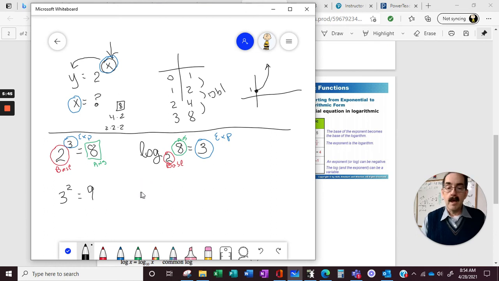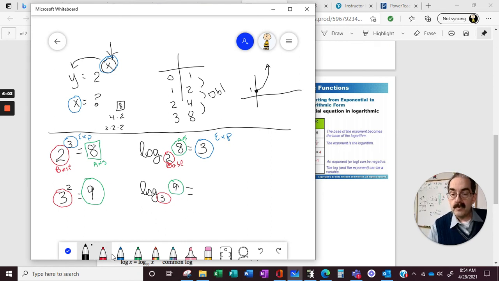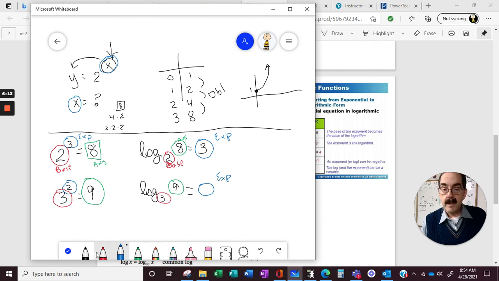Well, now, log base 3 of the answer is equal to the exponent. And that exponent is 2.